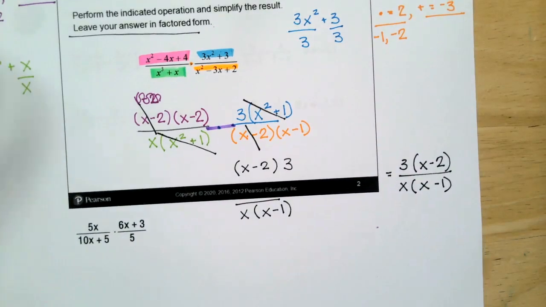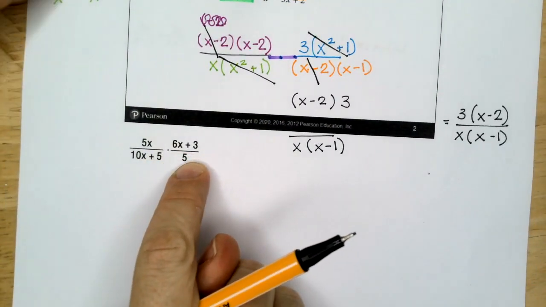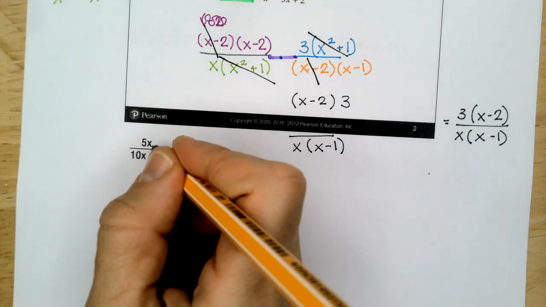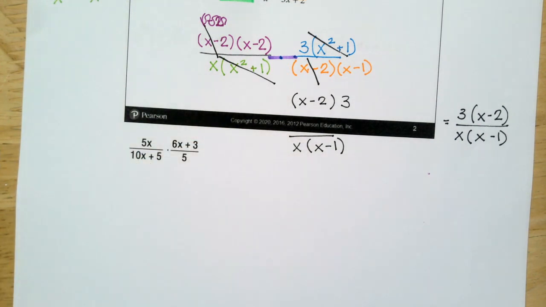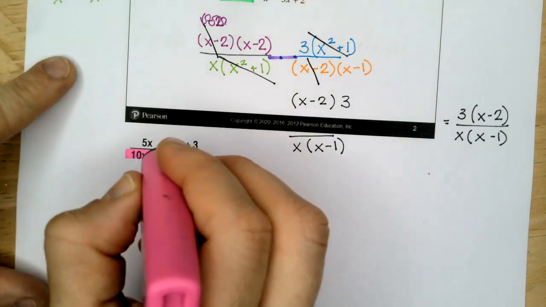All right, let's look at 5x divided by 10x plus 5 times 6x plus 3 divided by 5. All right, 5x. Obviously, there's nothing I can factor out. It's only one term. It's a monomial. So let's look at 10x plus 5.